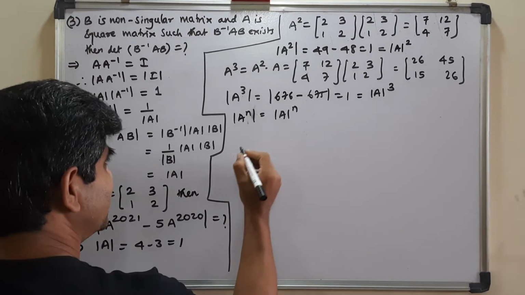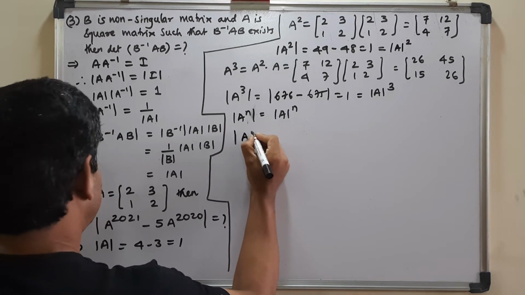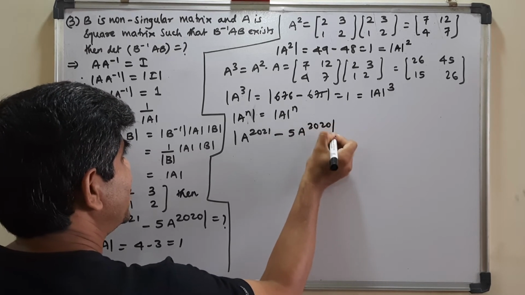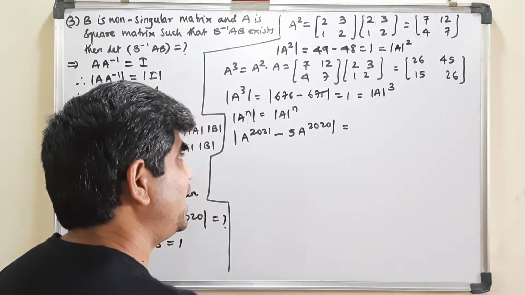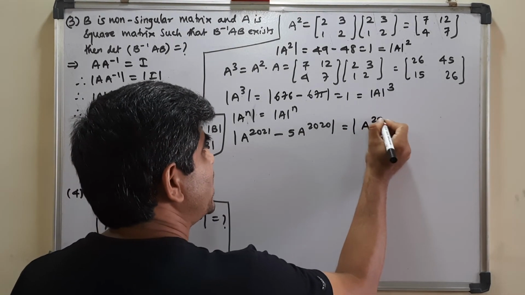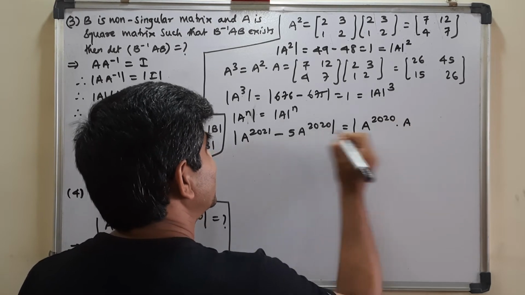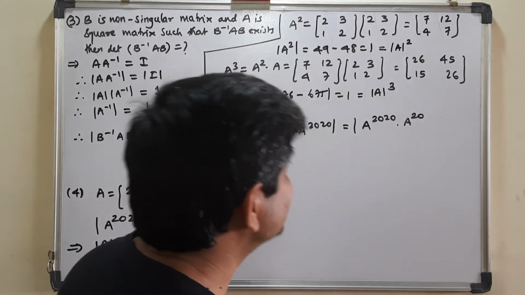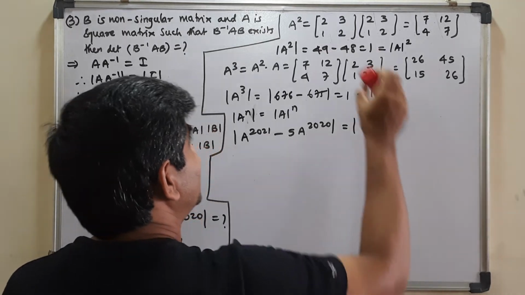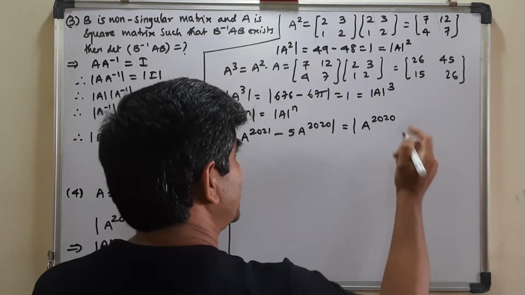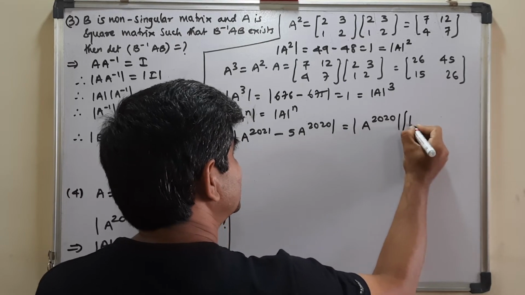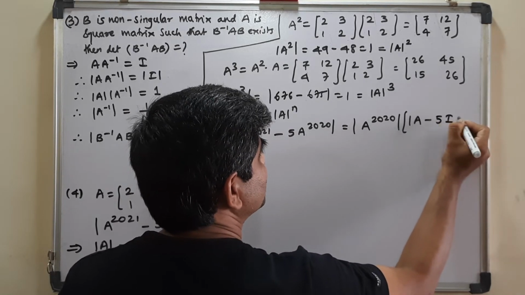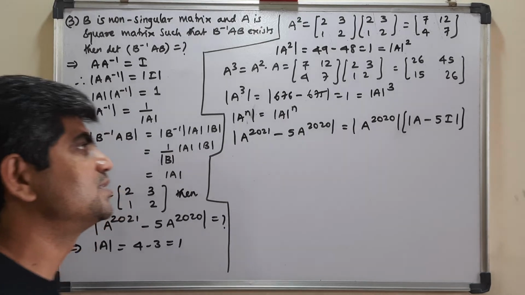Here, the determinant of A raised to 2021 minus 5 times A raised to 2020, I can write as the determinant of A raised to 2020 into the determinant of A minus 5I.